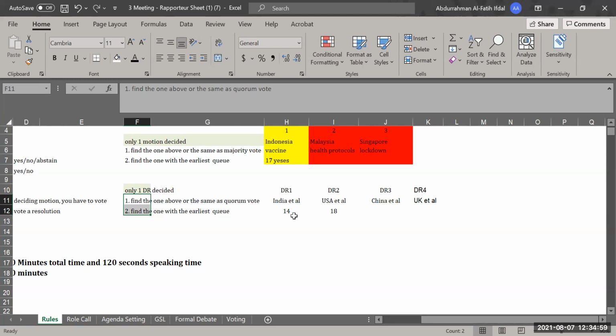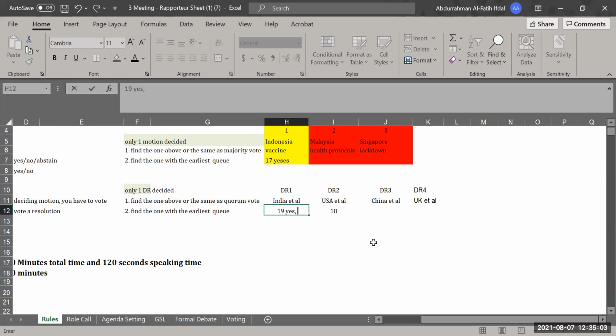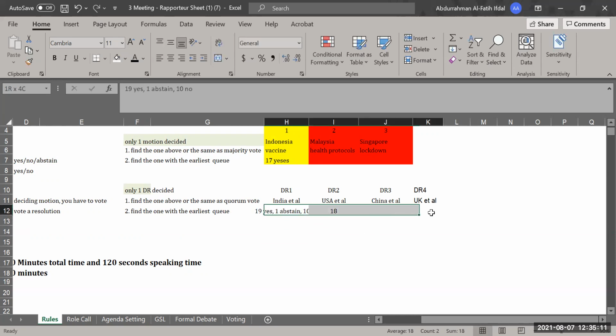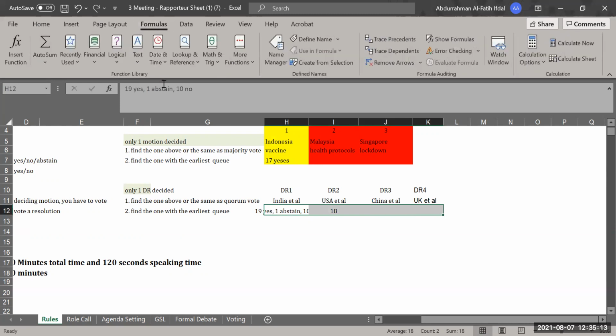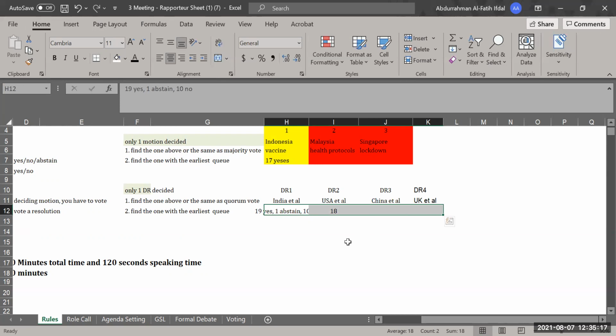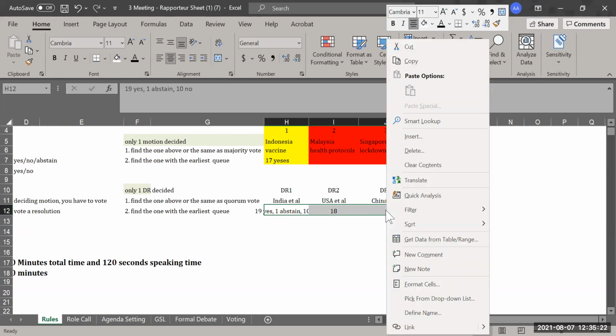Okay, so India gets 19 yes, 1 abstain. So remember, in draft resolution, there is an option for us to choose abstain. So don't panic when you see a delegate using their abstain option, because it is possible for us to choose abstain during a draft resolution voting.